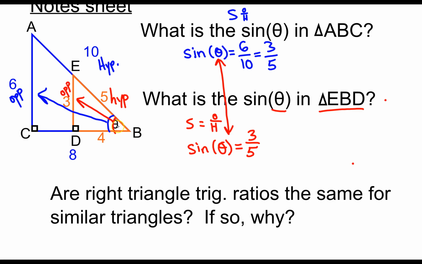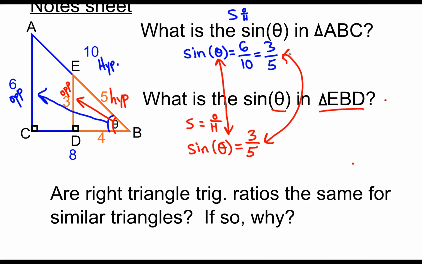So because theta is the same for both triangles, that means their ratios are also going to be the same. Because all a trig function is, it's taking a look at an angle in a triangle, and if the angle's the same, that ratio comes from what that angle is. So if I was to change the angle, the ratio would change, but if the angle's the same, the ratio stays the same.